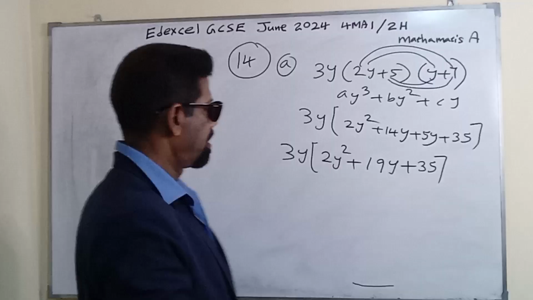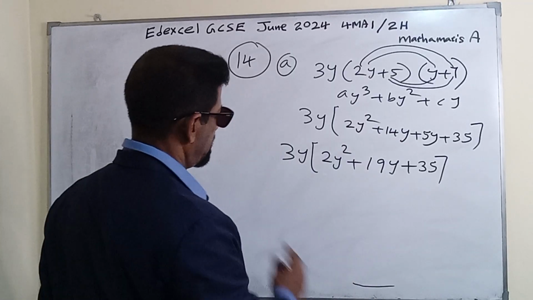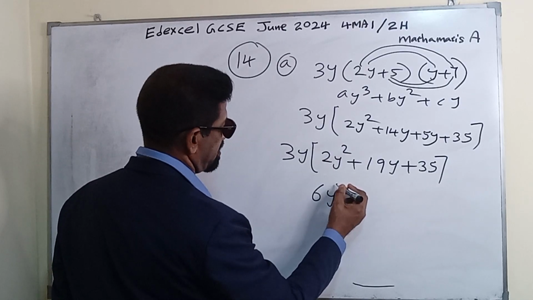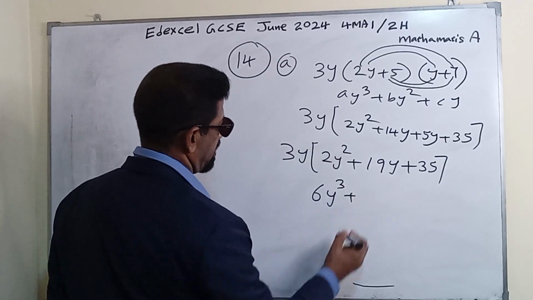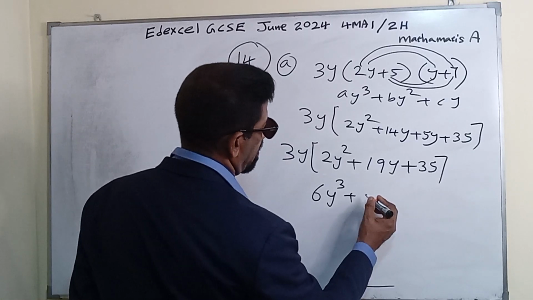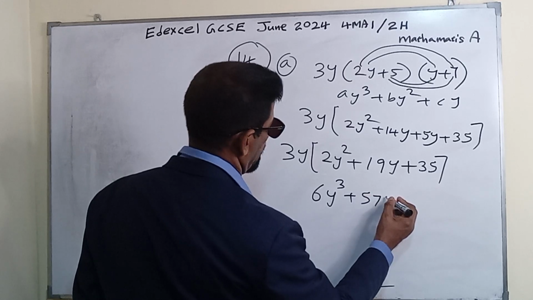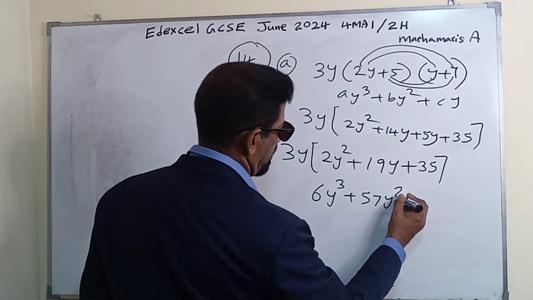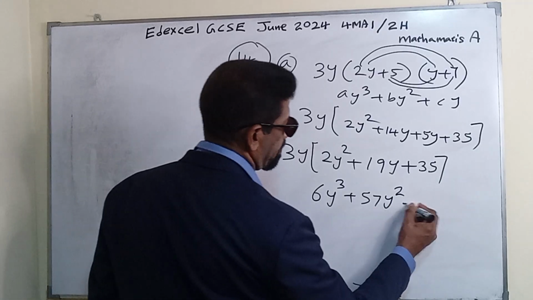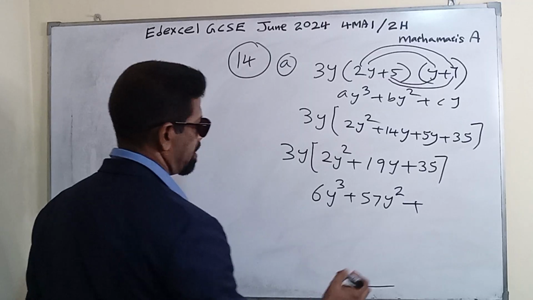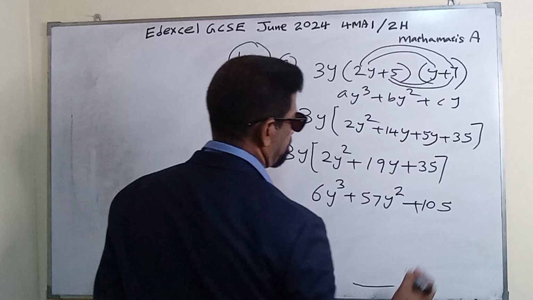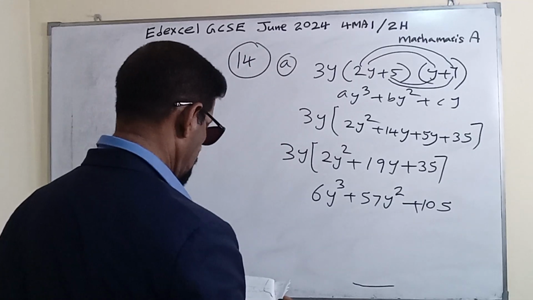Simplify: 14 plus 5 is 19. This is open brackets: 6y and y, this indices y to the power of 3, and 3 times 19 is 57 y to the power of 2, and 3 times 35 is 105 y.